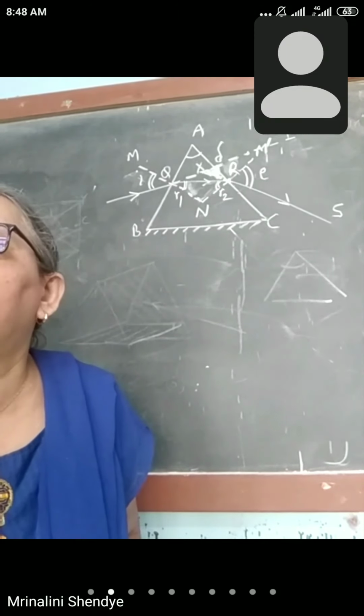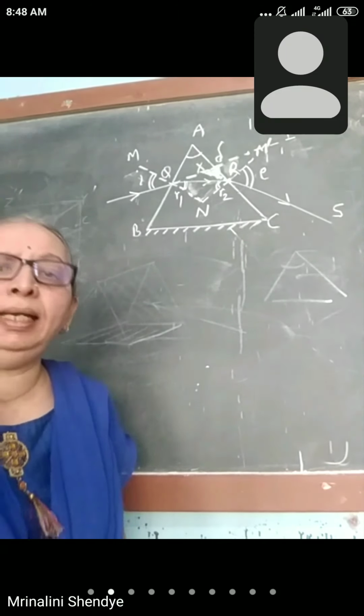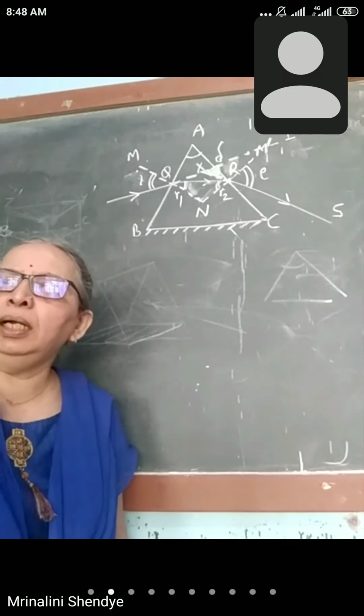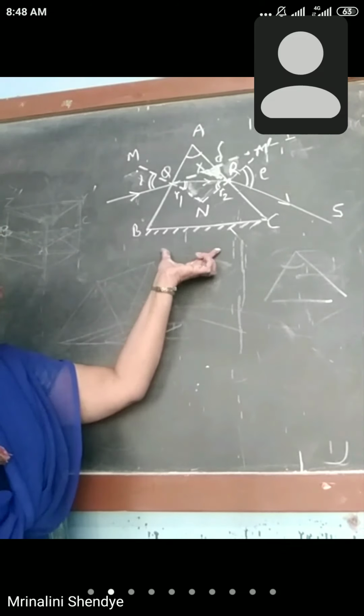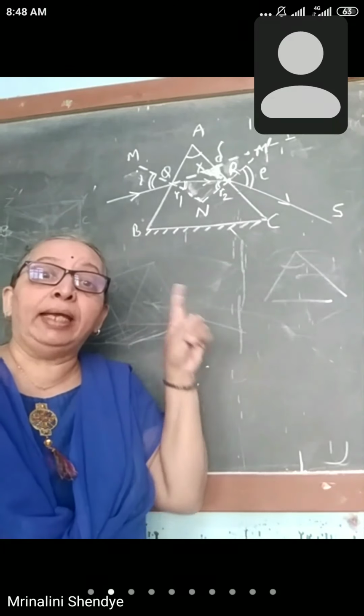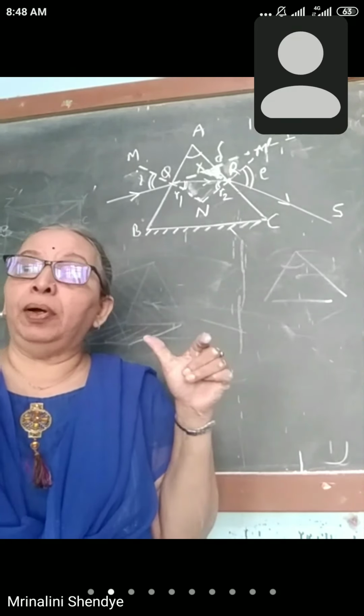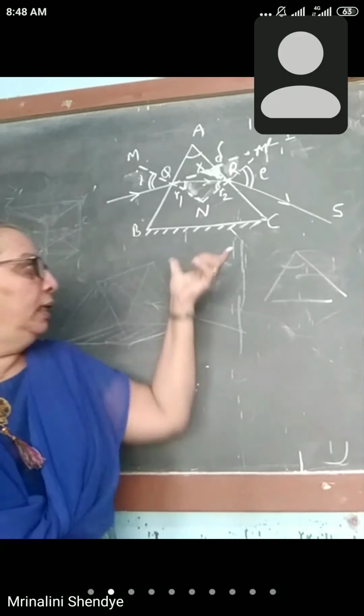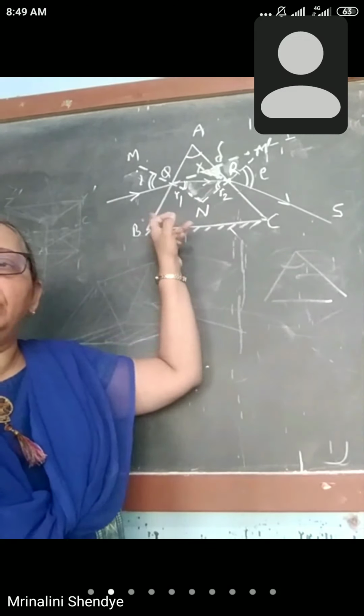We take its principal section. Each segment of the principal section represents an entire rectangular side out of the three. This base is opaque and these two are refracting.